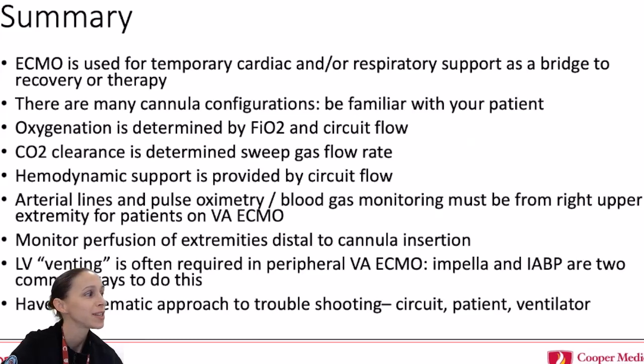So, quickie quiz: our patient in 5 who was on VA ECMO for cardiogenic shock, draining from femoral, returning to right axillary. Now where do you want to monitor from? Would you still do your right radial? You probably could. I actually even pulled papers on this.